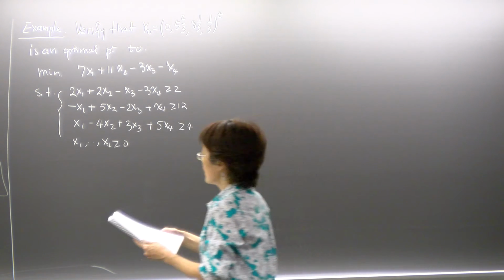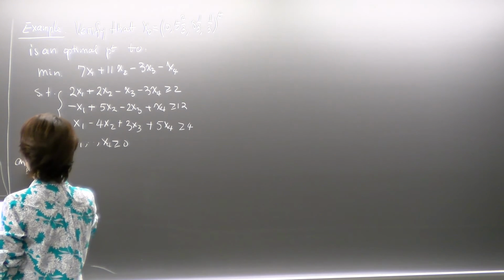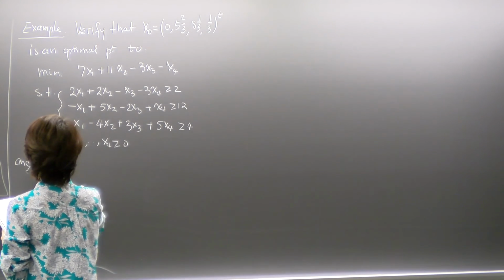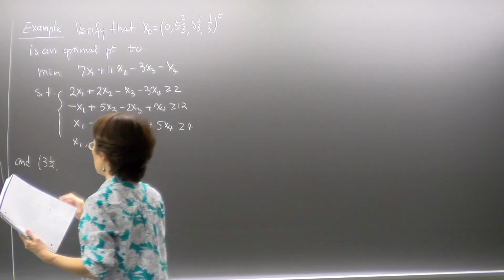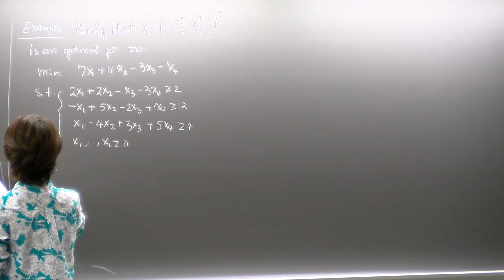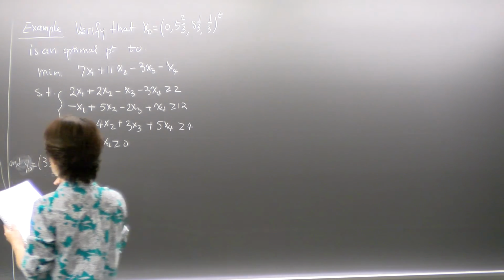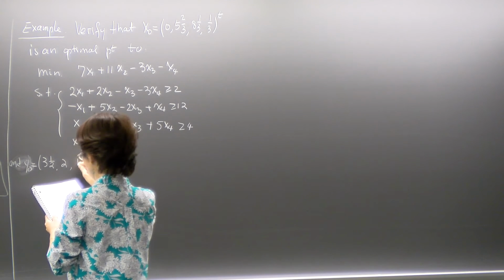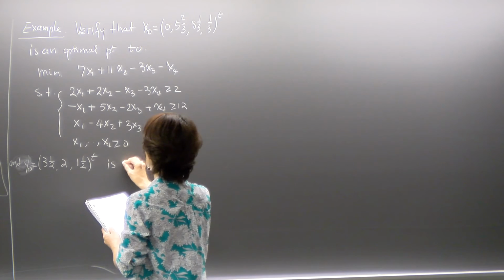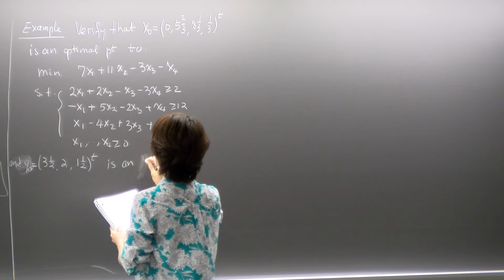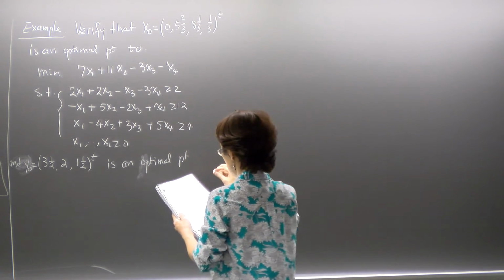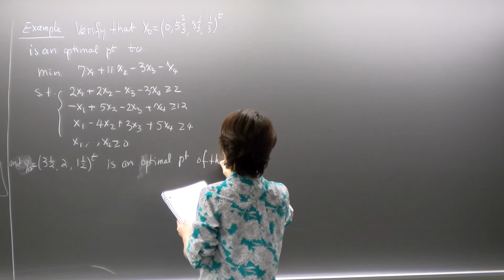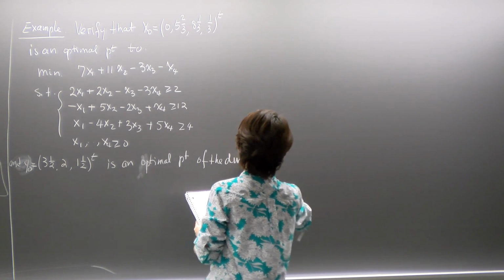I want you to verify that this gives you the optimal, provided I also give you this one to check, y naught equals (2, 1.5) transpose, the column vector, is an optimal point of the dual.